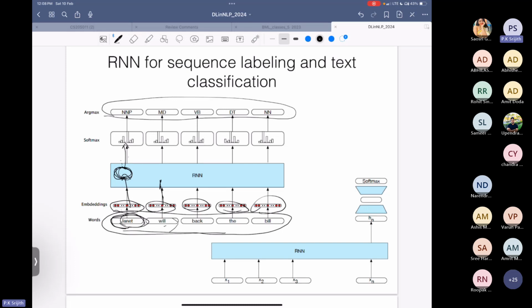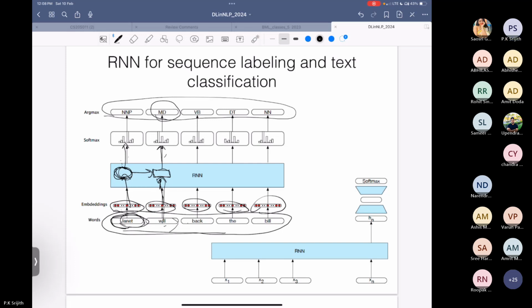And for the second word, when you form this hidden representation, it takes into account this word as well as it depends upon the previous hidden representation, thereby capturing the dependence with the previous word. And then you can predict your part of speech tag based upon this probability distribution.